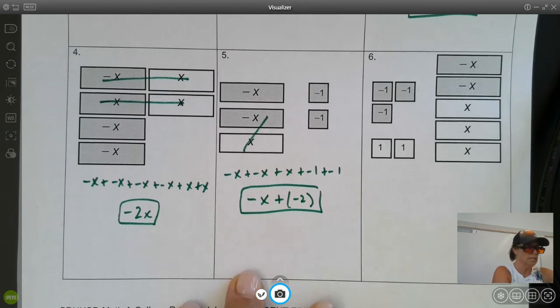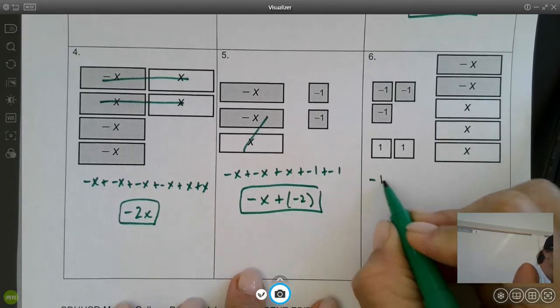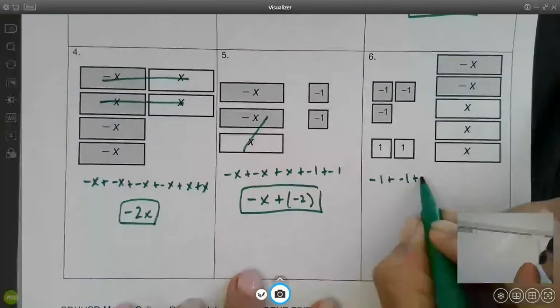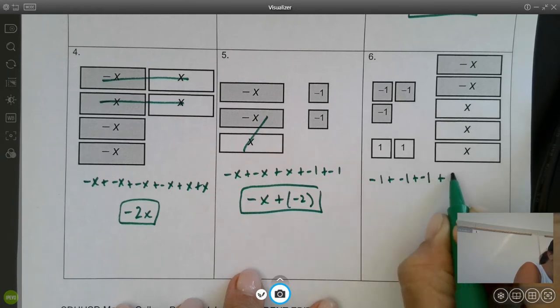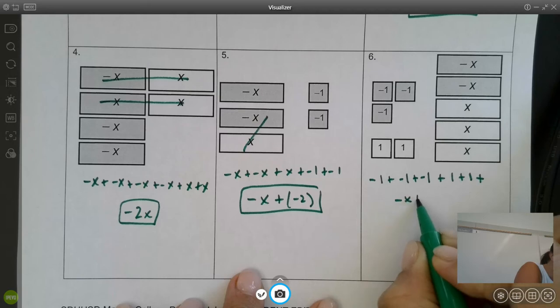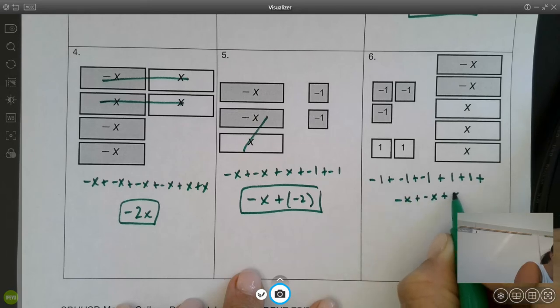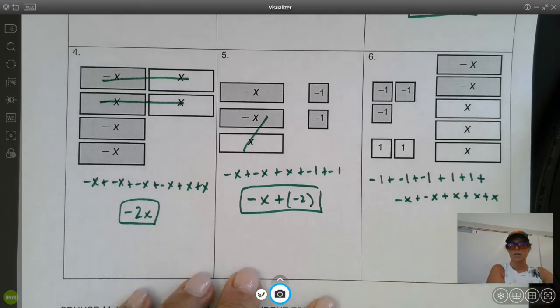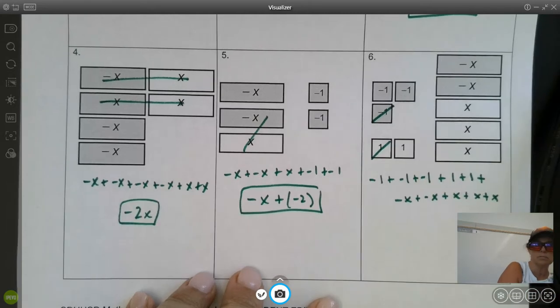In the last one here, I see a -1 plus a -1 plus a -1 plus a 1 plus a 1 plus a -x plus a -x plus an x plus an x plus an x. Now this one's a little tricky. I'm going to cross off this one with this one.